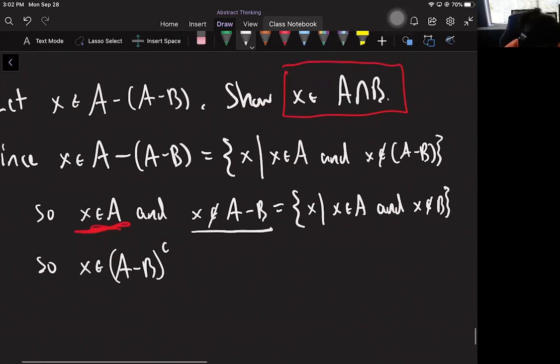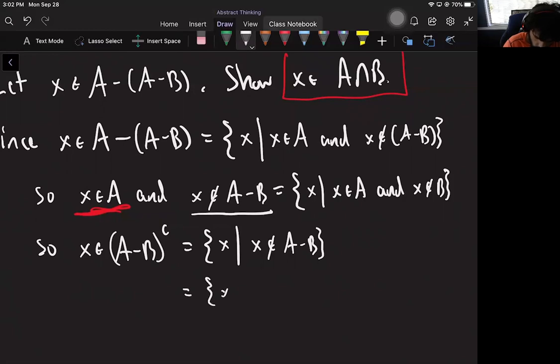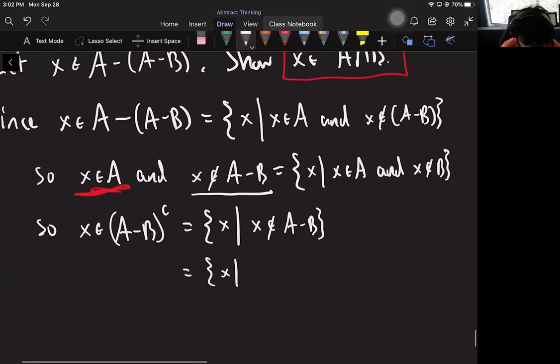And what is the complement? It's the stuff that's not in A minus B. So let's write out what that really is. So it's the stuff such that it's not in A minus B. So I'm sort of just rewriting what I wrote before. But now to not be in there, what does that really mean?